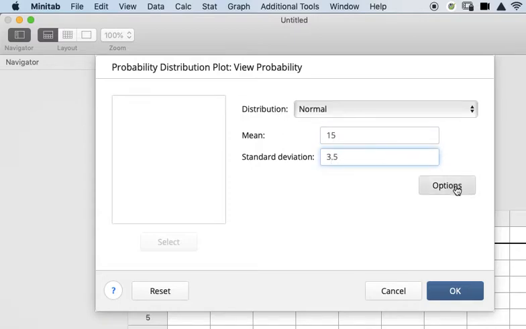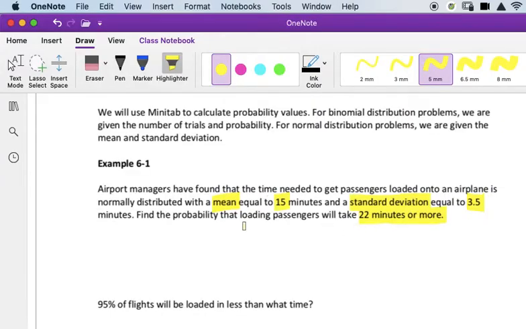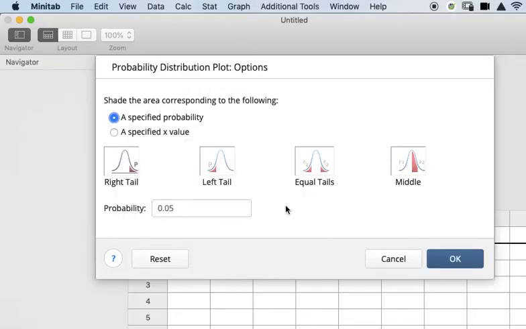Now I need to click on Options. Now, when I look at the problem, it says, I want to find the probability that loading passengers will take 22 minutes or more. Now, unlike the binomial distribution, it doesn't matter if it's 22 minutes or more or greater than 22 minutes. It doesn't matter if that 22 is included or not. Either way, I'm going to use 22 as my x value.